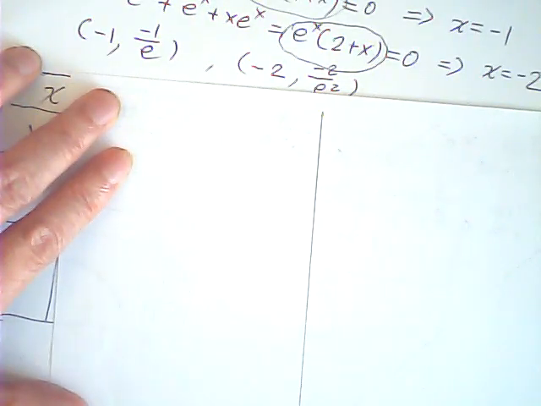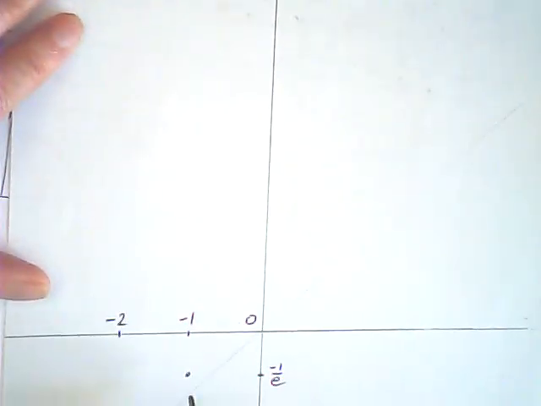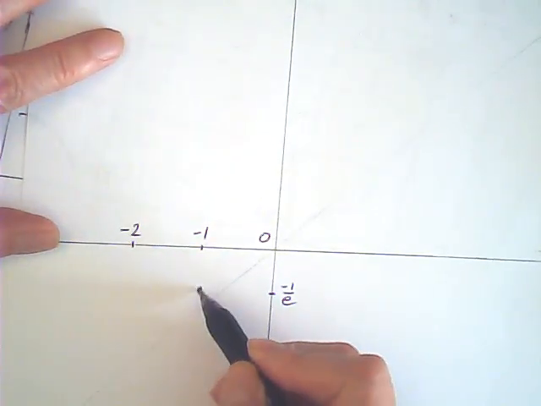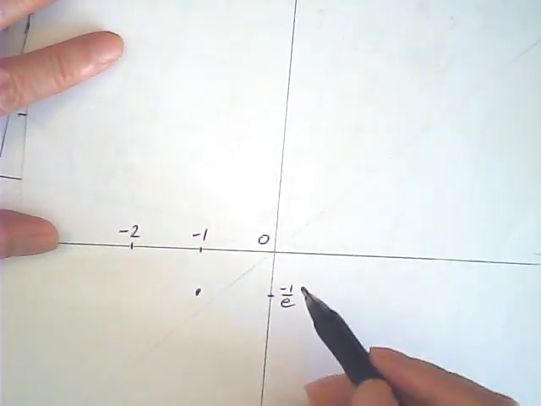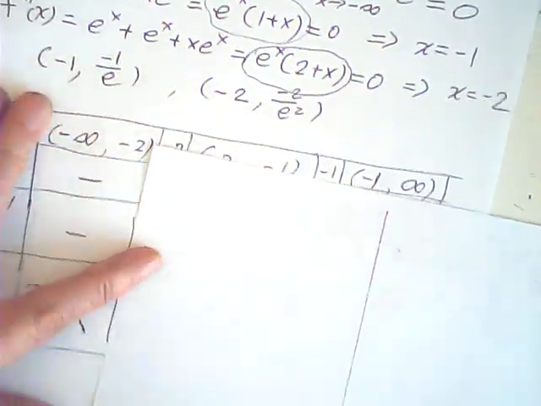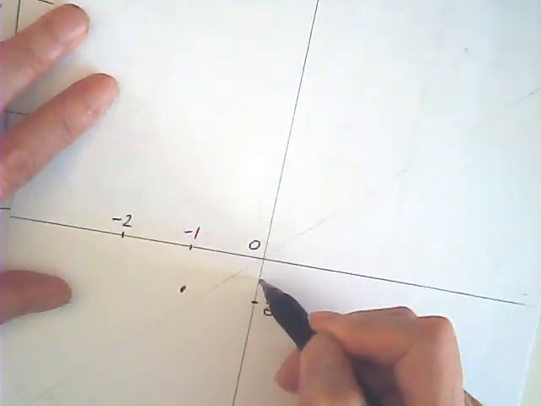So this is the point. This is the point the curve passes through. And at -2, the value is -2 over e squared. This will be somewhere here.